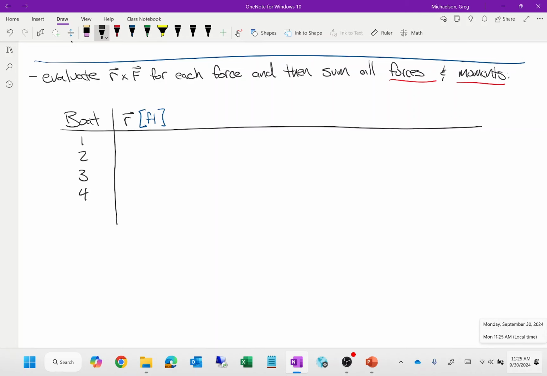So the R vectors, we have negative 90I plus 50J, 100I plus 70J, 400I plus 70J, and then 300I minus 70J.